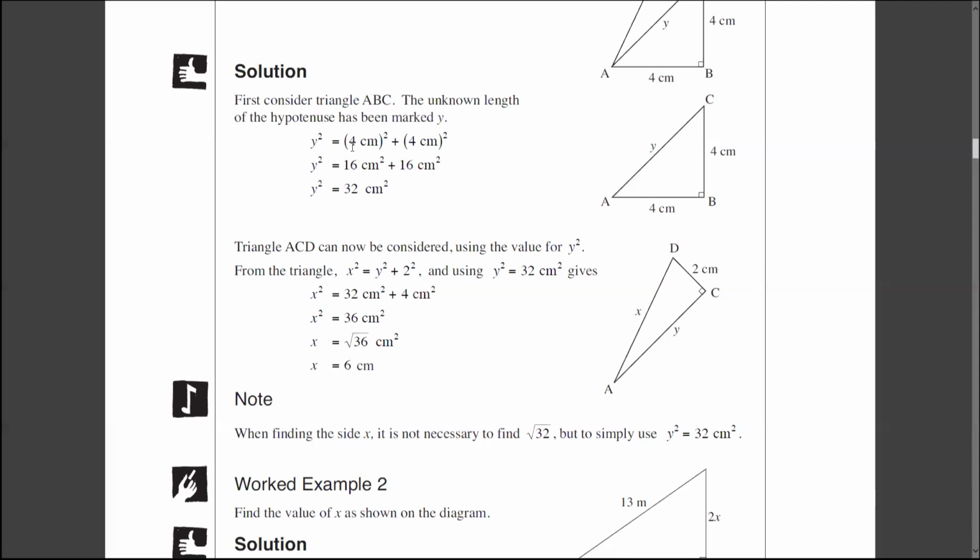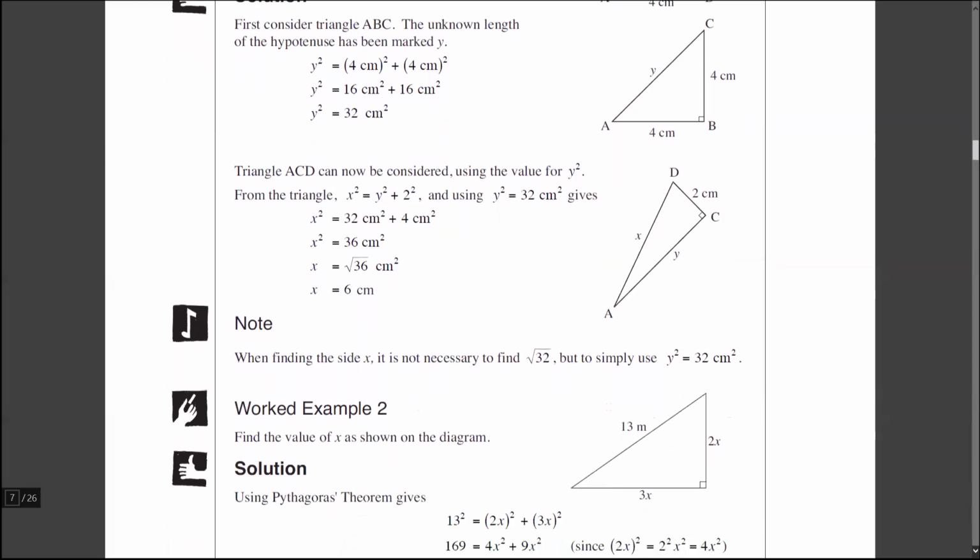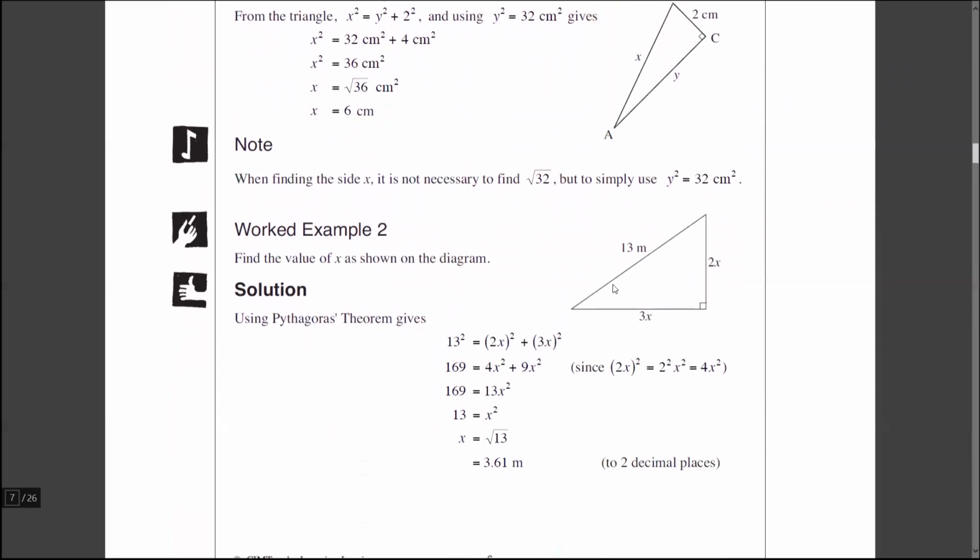Because look at even this, you have to put 4 cm squared. Just put 4 squared, 4 squared. At the end of the day, you put on the unit of measurement. And they put the note here: when finding the side x, it is not necessary to find the square root of 32, but to simply use y squared equals 32 centimeters. So that made the point down here.